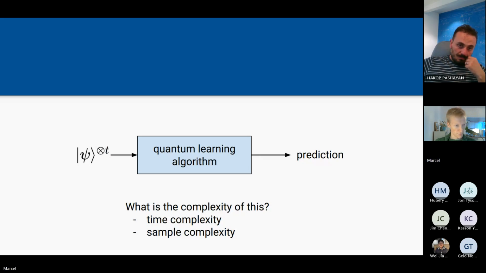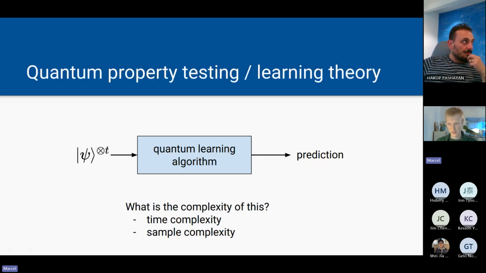Okay, most of you might already see that this setup here is the standard setup of quantum property testing or quantum learning theory. So all sorts of questions can be phrased in this model.